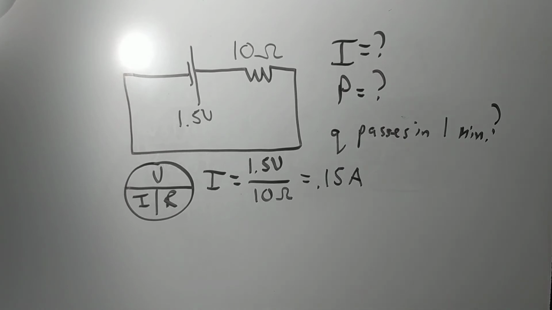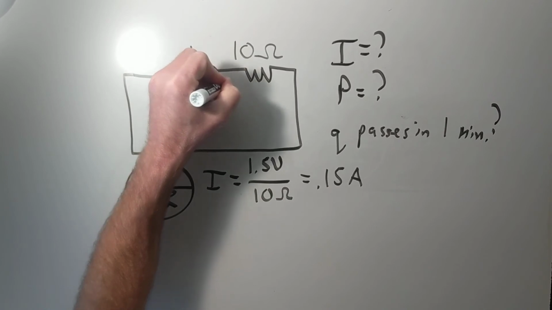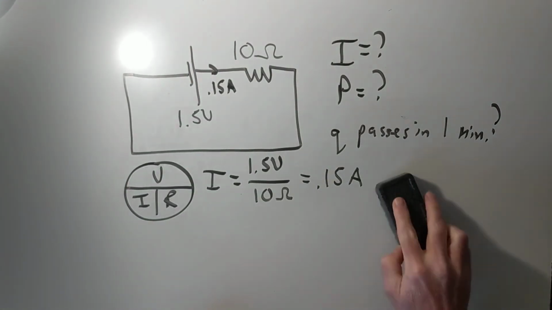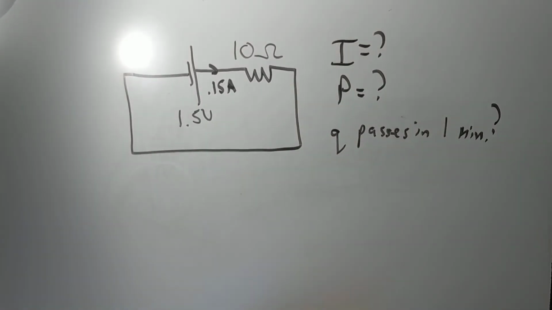So we've got the current. Now let's see if we could figure out the power. So with the power, I'm going to put up here, by the way, that we have 0.15 amps flowing in that circuit. So now let's figure out the power.